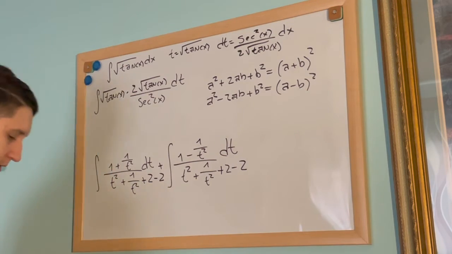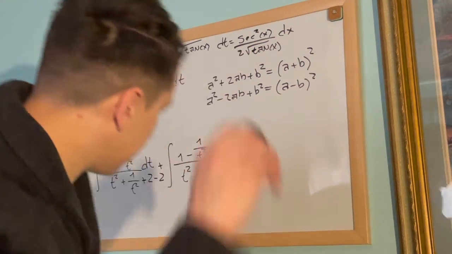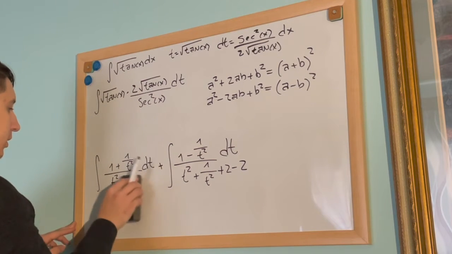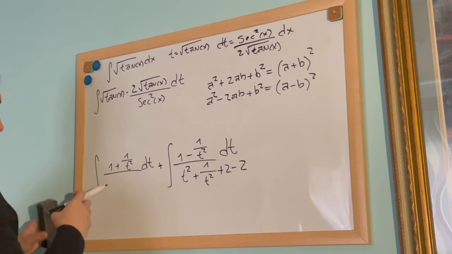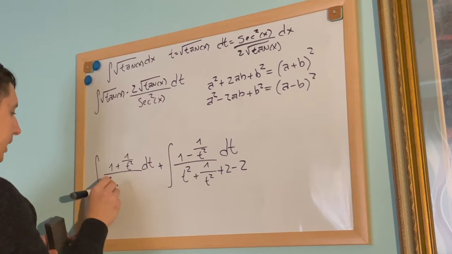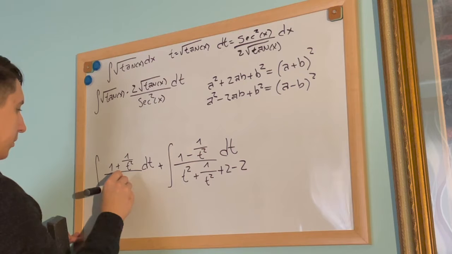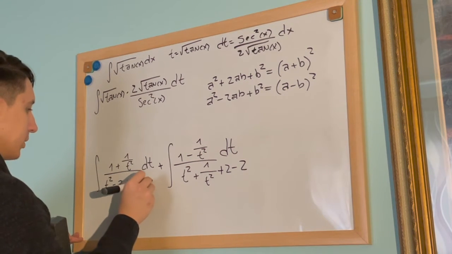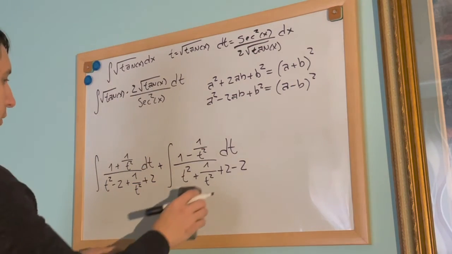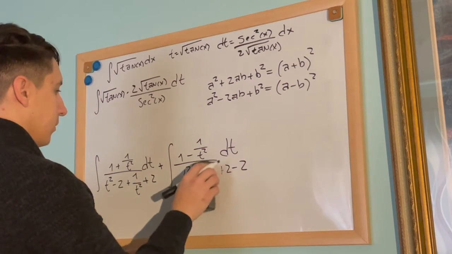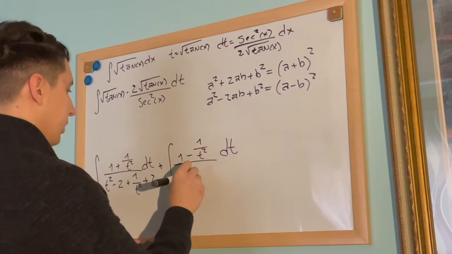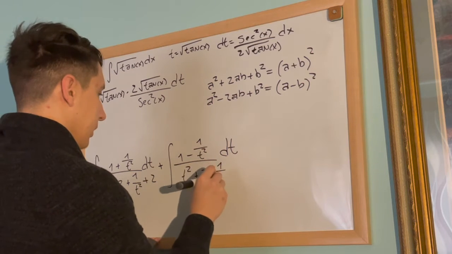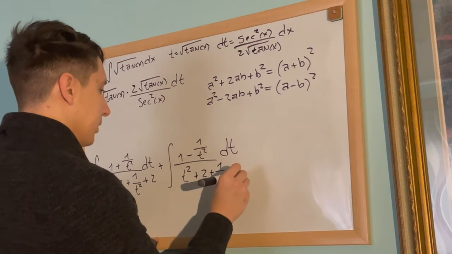But then, basically here, I've got this eraser here, so let me remove this for a second so I can rewrite it and do t squared minus 2 plus 1 over t squared, or plus 2, and then do the same thing over here. And this one will be plus 2 plus 1 over t squared minus 2.